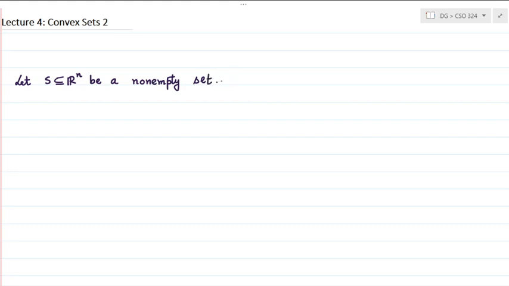Then we call the convex hull of the set S the collection of all possible convex combinations of the points inside the set S.